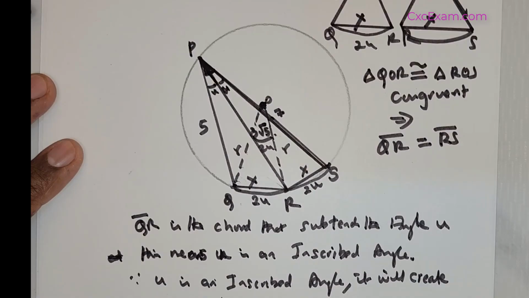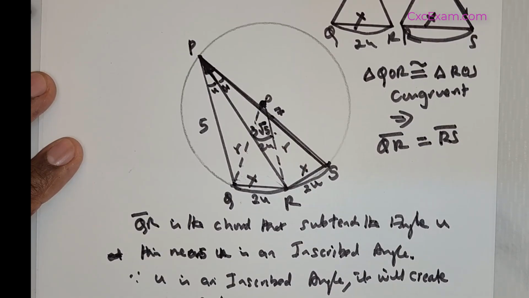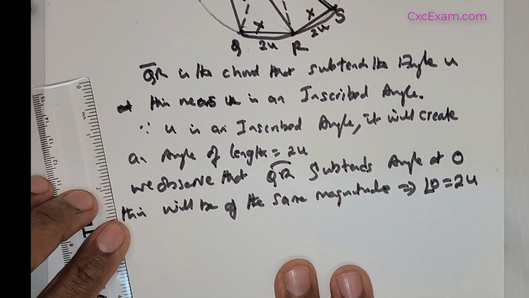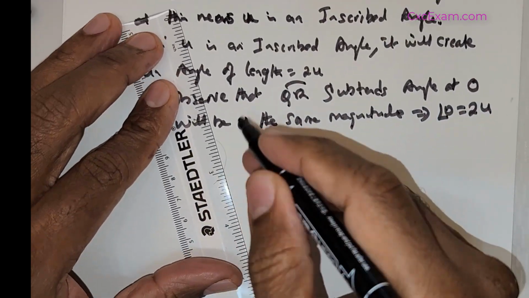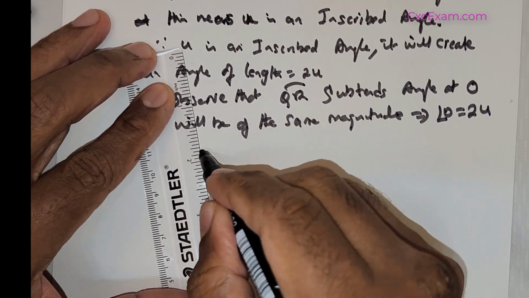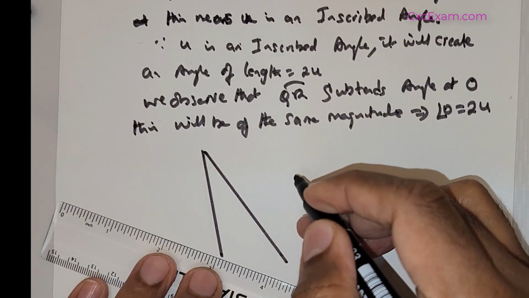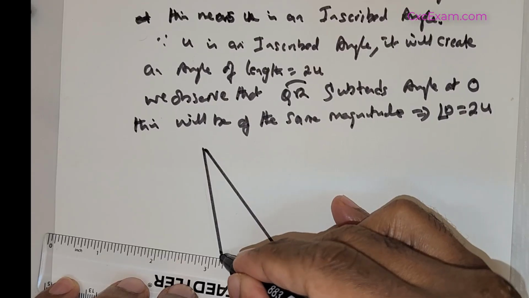Okay. So now what I'm going to do is set up an equation with X. I'm going to draw the triangle that we have. So this is the triangle.